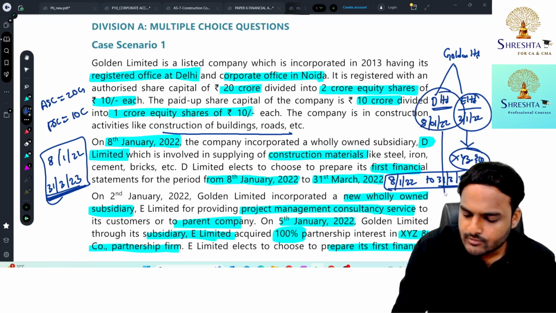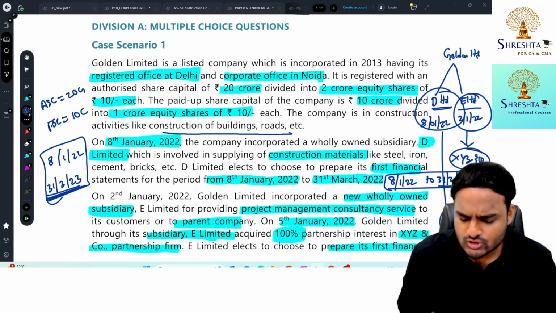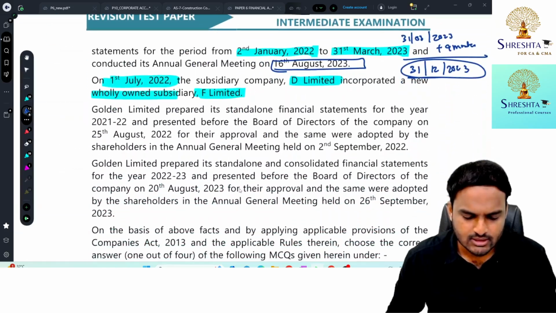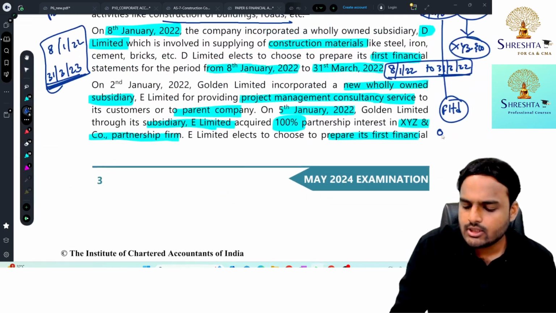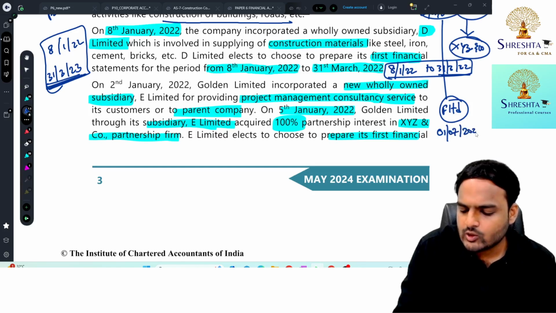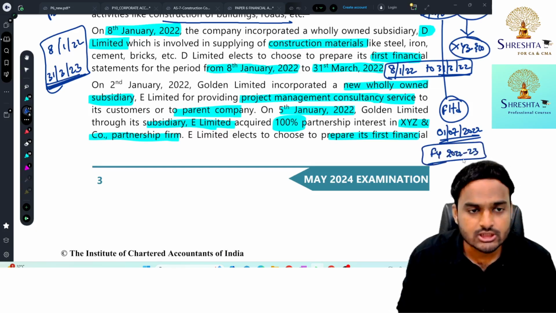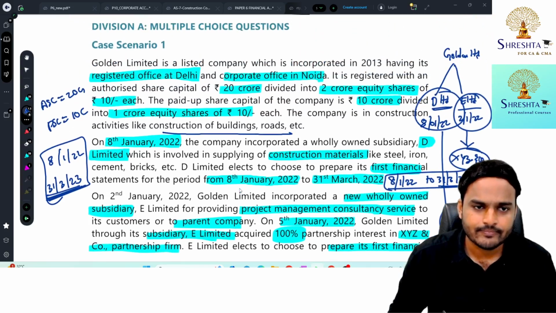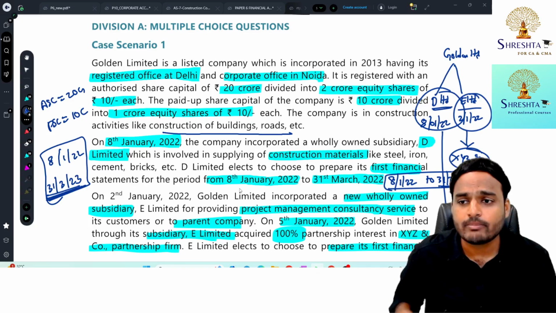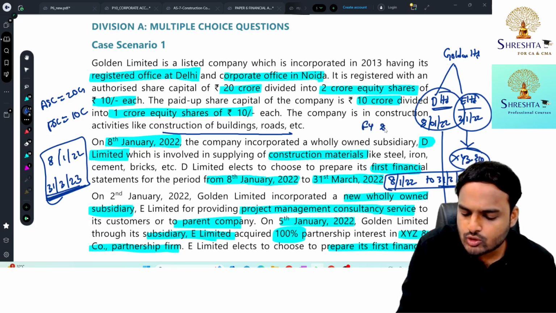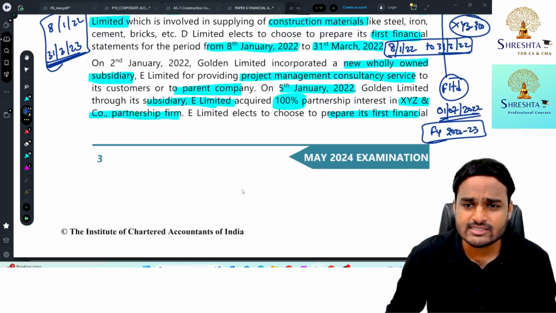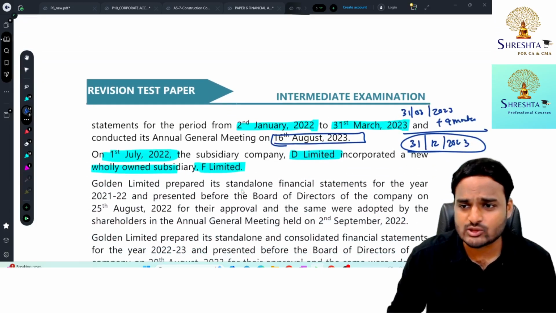This company was incorporated on 1st July 2022, so this is with respect to financial year 2022-23. Whereas D Limited and E Limited were incorporated in the financial year 2021-22. Each and every point is important for answering multiple choice questions.